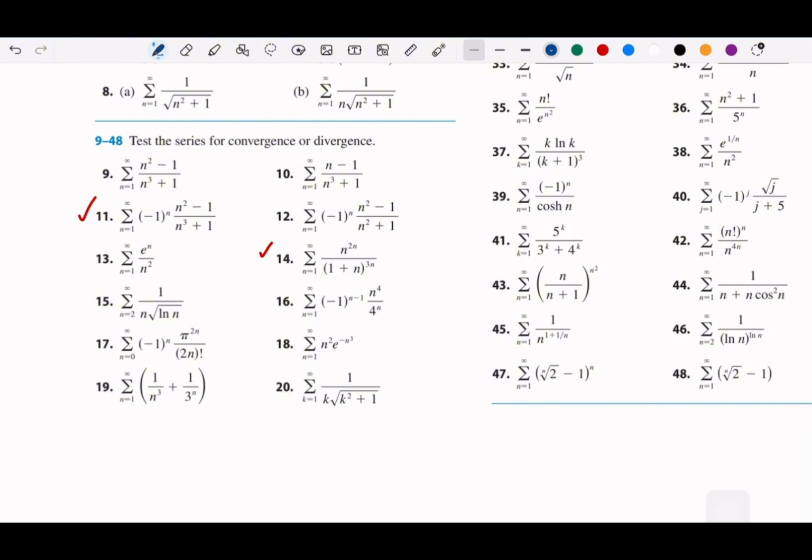Mostly, midterm will be based on chapter 10 and 11, parametric, polar, and this sequence series. Sometimes I add, if we have time, about vectors, but I think I didn't expect that, so maybe 10, 11 should be okay.